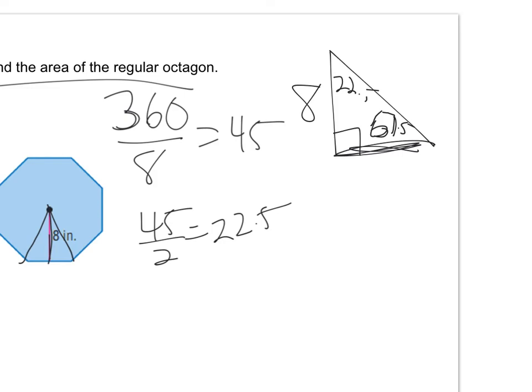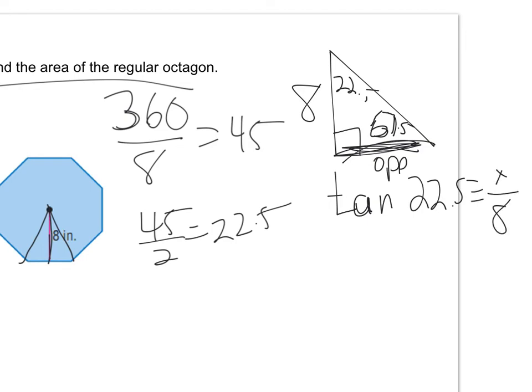I don't care what the hypotenuse is, I want to figure out what this side is. So I would take the tangent of 22.5, because this is my opposite side, equals x over 8. So I take the tangent of 22.5 times 8, so I get that to be 3.31371.